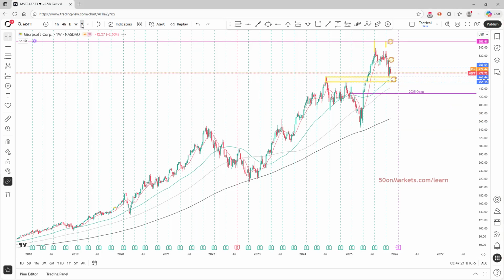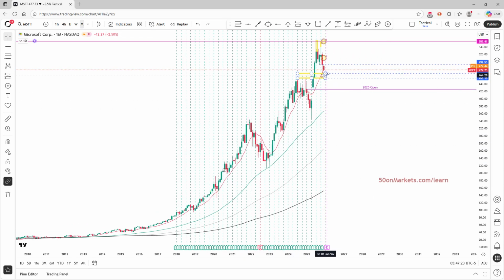But also if you look at it on a monthly, you can see that you don't need a break of this whole zone, but just a close inside that rectangle. It means that we lose on a closing basis the 10-month moving average. And all of you know that we've discussed this before, the importance of the 10-month moving average from a market timing perspective, CTA perspective, mechanical trade perspective.